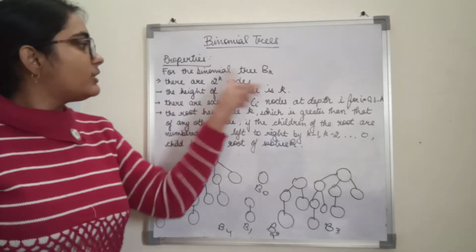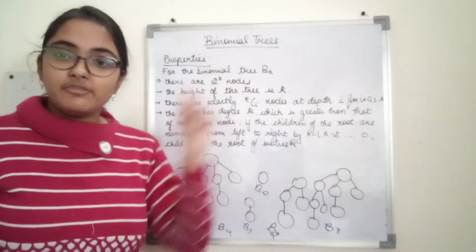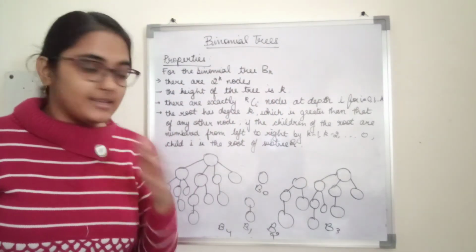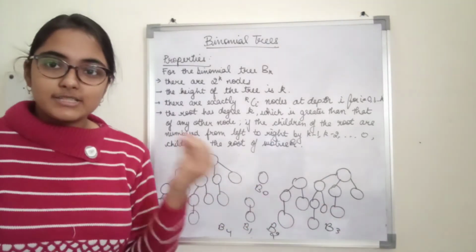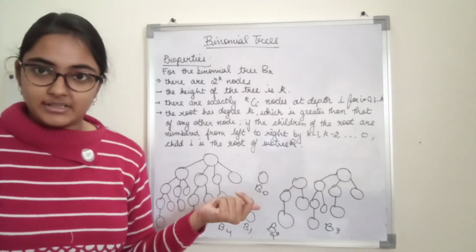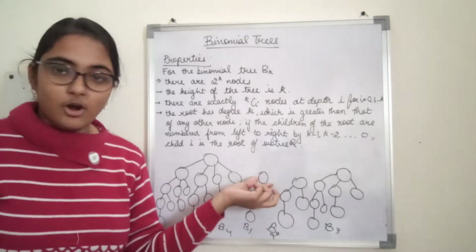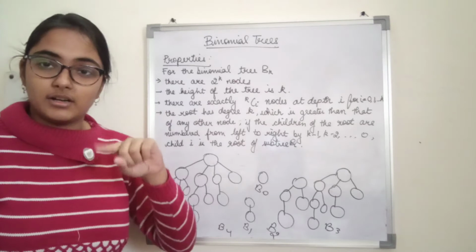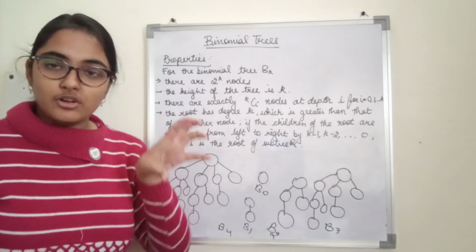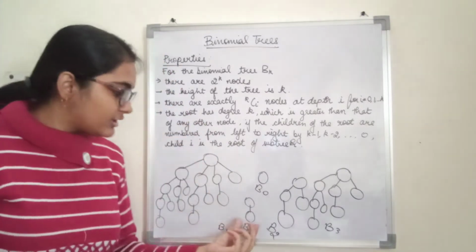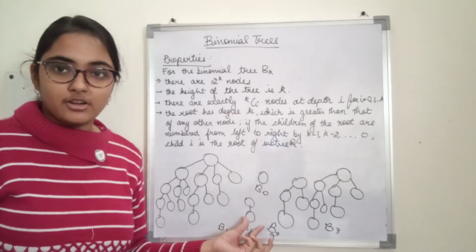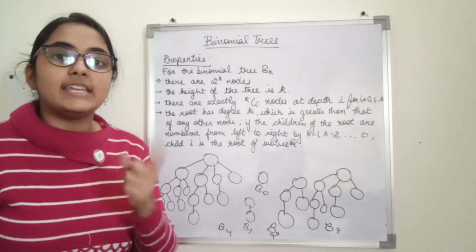For the binomial tree Bk, there is only one binomial tree Bk. There cannot be more than one, because there is a specific order in which they are connected. Even when you merge any two binomial trees B0, following the condition that the root of one is made the leftmost child of the root of another, you will only get this kind of binomial tree.